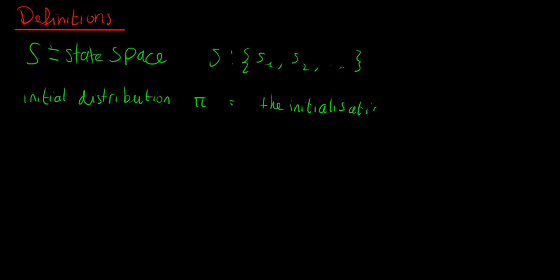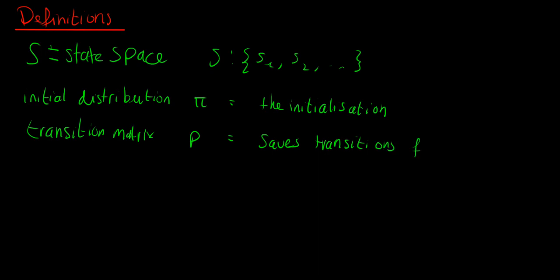It is how many percent of, or how many frogs in our case, go to which lily pad. Then we have a transition matrix, which we already have seen so far, which is denoted by P, and it saves all the transitions, so going from one state to another, from states to all other states. And we have seen them many times as well.